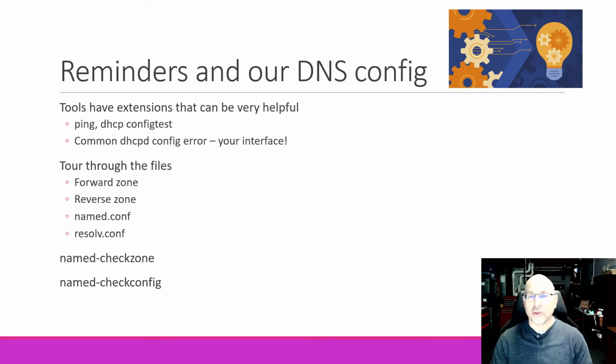Oh, go see journalctl and all of this. And what I had forgotten to do was change the interface. And it's not just enough to change the interface, because we like to give servers static IP addresses. It's not enough just to change the IP address. You've got to make sure that it takes. So let's make sure that we remember that, and of course we'll go through our DNS stuff.